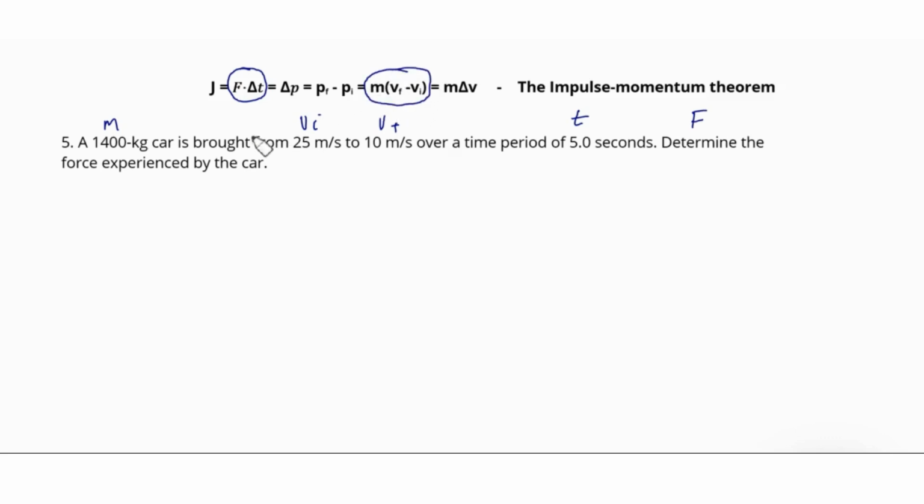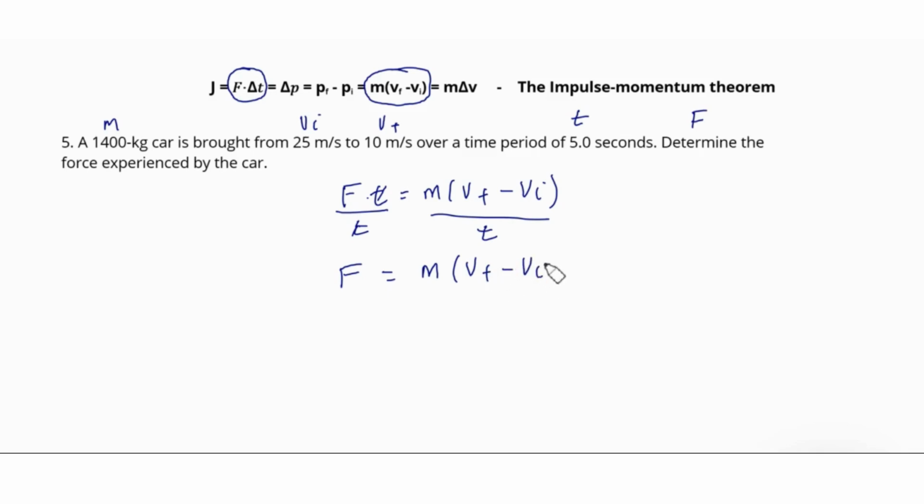Those bring in all the characters we need here. So force times time is equal to m times VF minus VI. We are looking for F. So I could really solve for F first, divide both sides by T, and that gives me force is equal to m times VF minus VI over T.